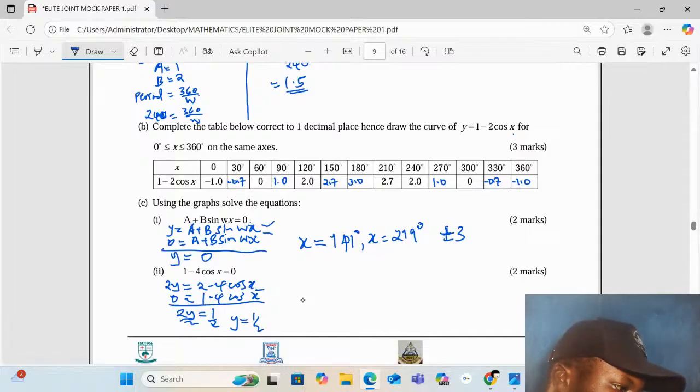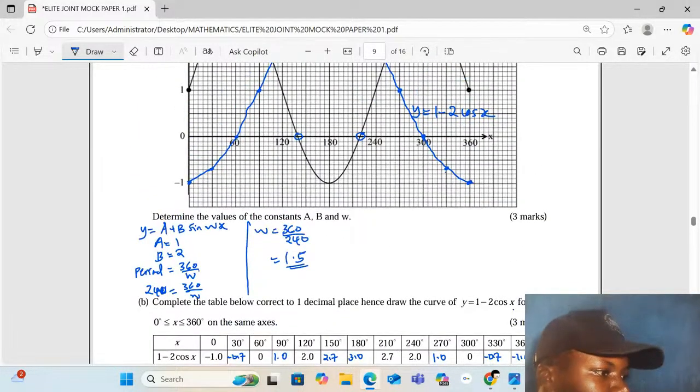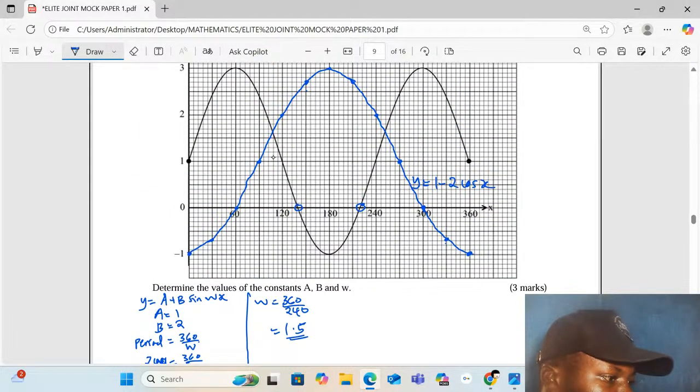Now you look for the values of x when y is on our new curve, the one that we've drawn. Where y is a half is here. So we have this point and this other point here.